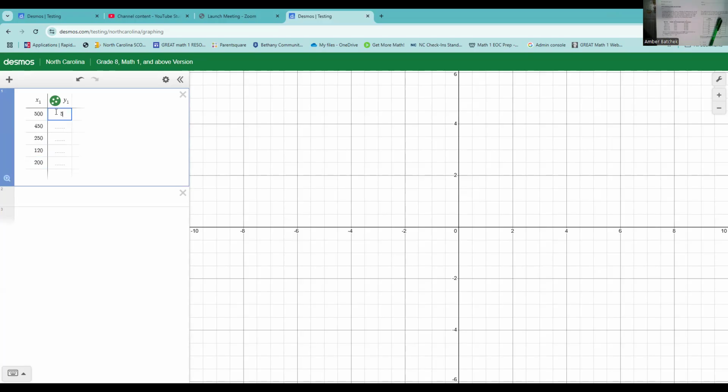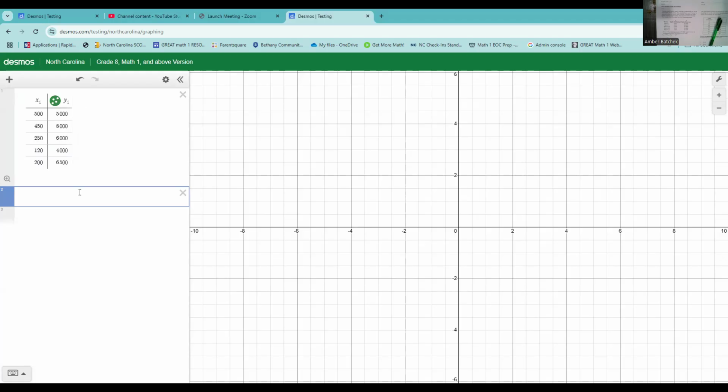My Y's. Okay, you want to always double check your numbers, because if any one of these numbers is off, then your correlation coefficient will be wrong and the equation of the line.